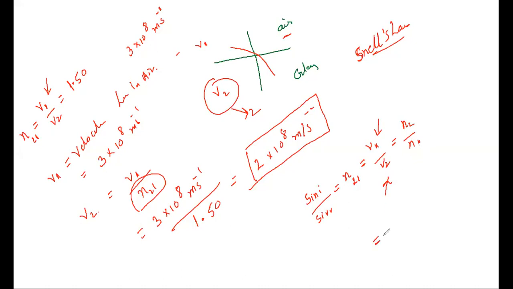And we can also take this as c by v, where c is the speed of light in air and v is the velocity of light in the medium.